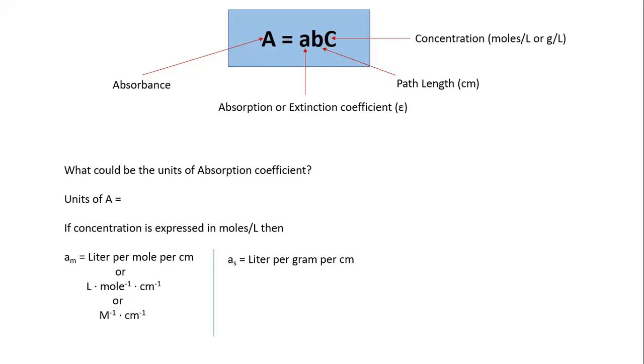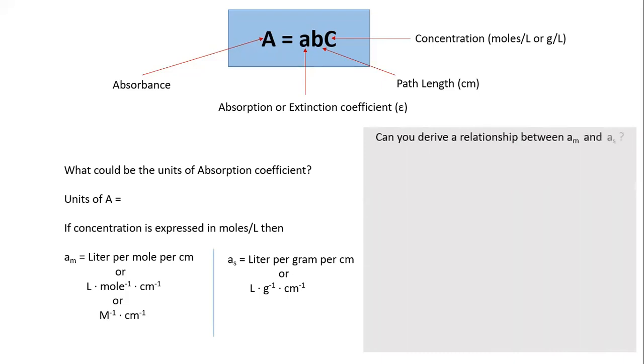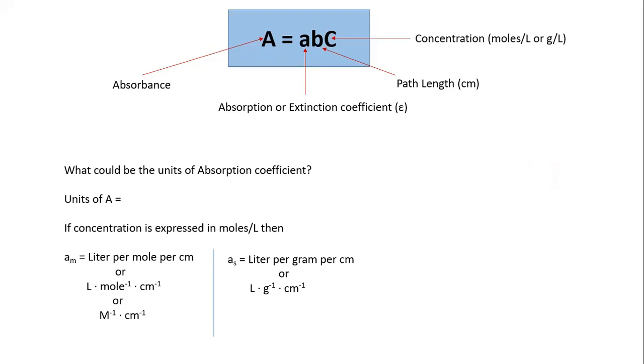When the concentration is represented in grams per liter, we can write it as liter per gram per centimeter. Depending upon how we are expressing the concentration, we arrived at an understanding that we can have two ways of representing the absorption coefficient. It can be represented either as the molar absorption coefficient, or as the specific absorption coefficient.